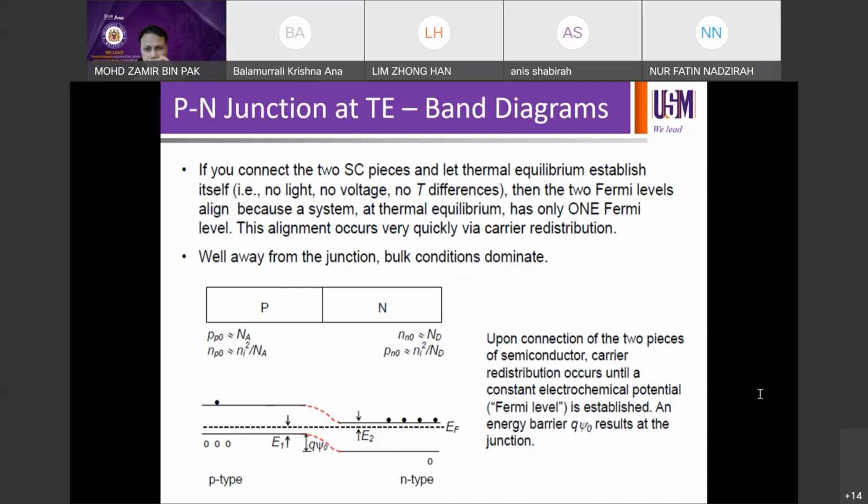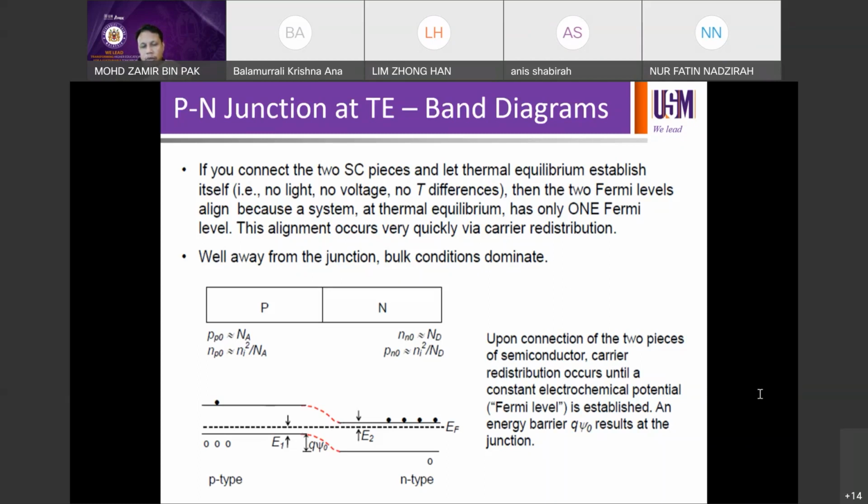Upon joining, there is diffusion of majority carriers: electrons from the N-type into the P-type, and holes from the P-type into the N-type, due to the concentration gradient at the junction.